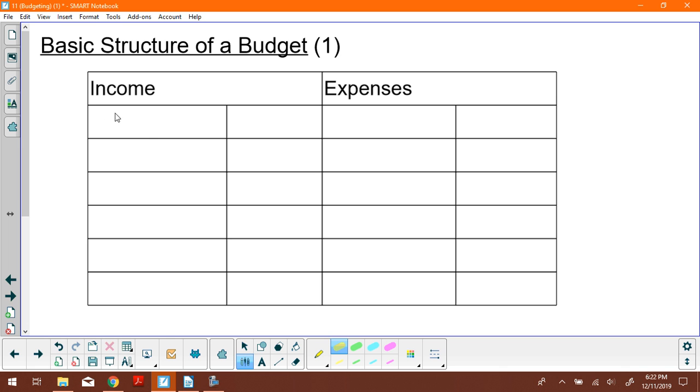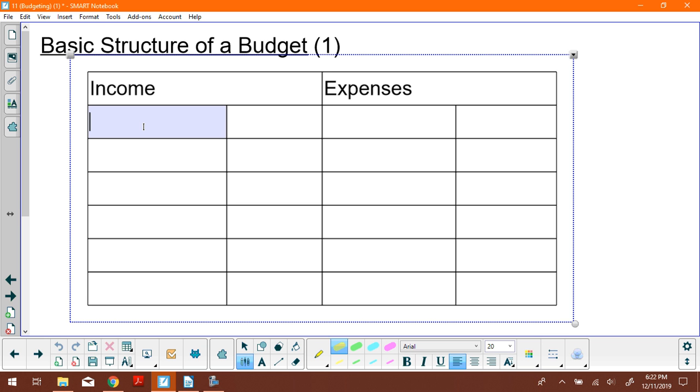So I'm just going to go through a very rough example of how this would work. I'm thinking back to my days at the start of my career when I was supply teaching. Let's say in 2 weeks I had 4 supply days. So income, supply days. I write down what I got. It's 4 of them, and let's say that earned me $820. That's how much I made for those 4 supply days.